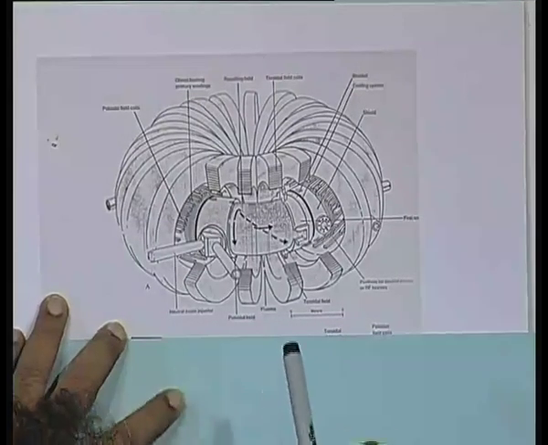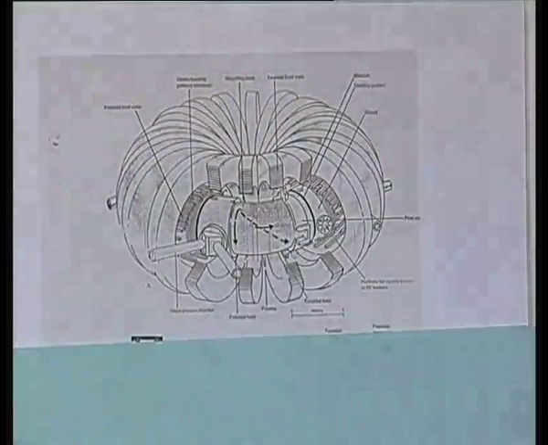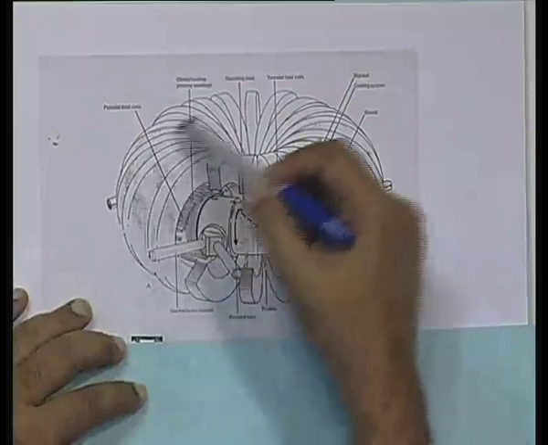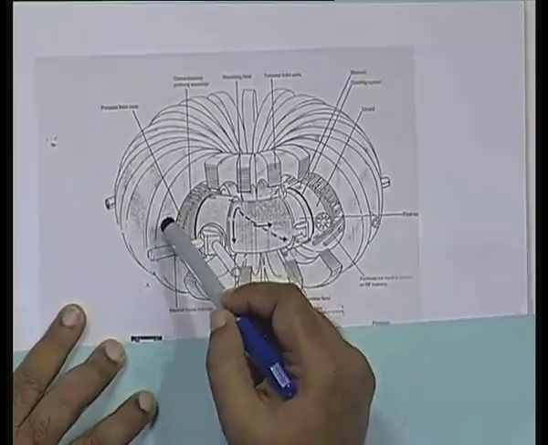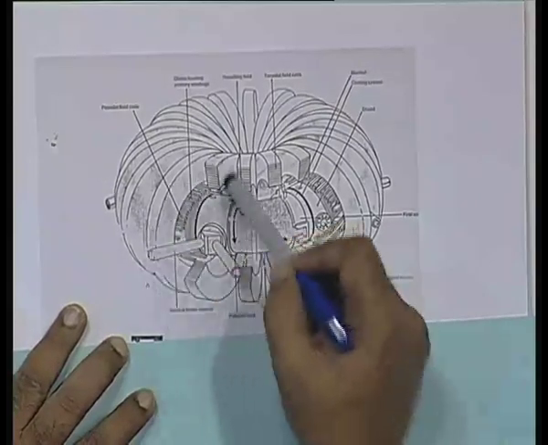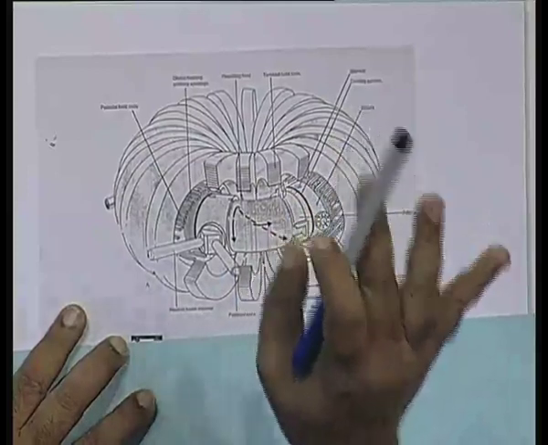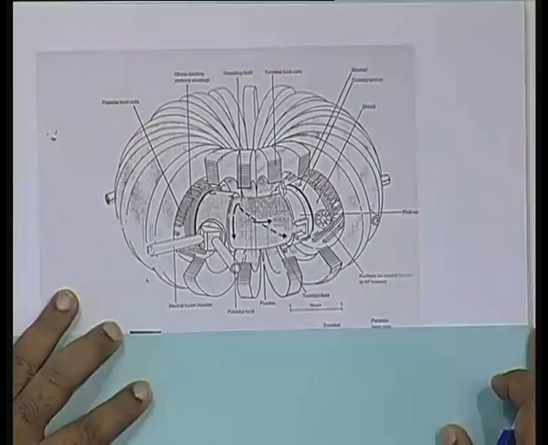So a tokamak is nothing but a very large system of producing magnetic field, and in order to produce very high magnetic field, you have to have superconducting magnets. So, all these things are generally superconducting. Most of the tokamaks that people use superconducting magnets.